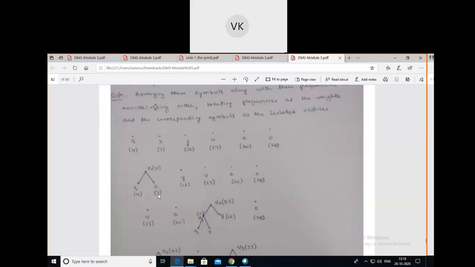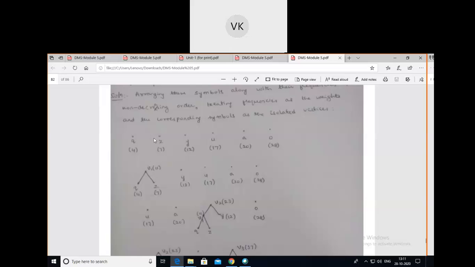You combine 7 and 4, it will be 11. For the new node the weight will be 11 here. You see here in the bracket I have written 11, so that will be the weight of the new node V1. V1 is having the new weight 11. This is the second step here.